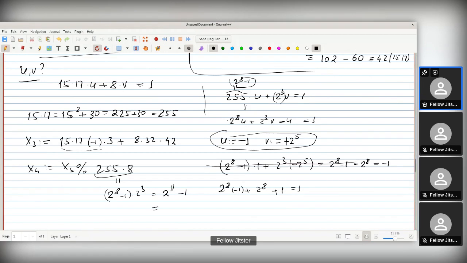What is 2 to the power 11? Minus 8. Thank you. So what is 2 to the power 11? 2048. And here we have just 8. So it is 2040. Do you agree?